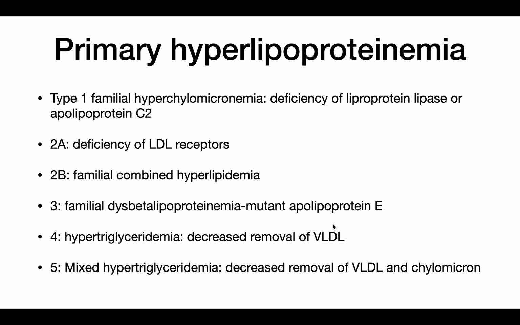So too many triglycerides are going to be floating around. In type 5, it's going to be a mixed hypertriglyceridemia, which is going to be a problem with both the removal of VLDL and chylomicrons. So not only is there a problem with removal of the triglycerides in the blood, there's also going to be a problem with the transportation of the chylomicron in the lymph.